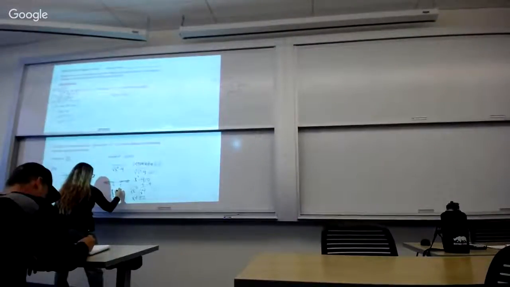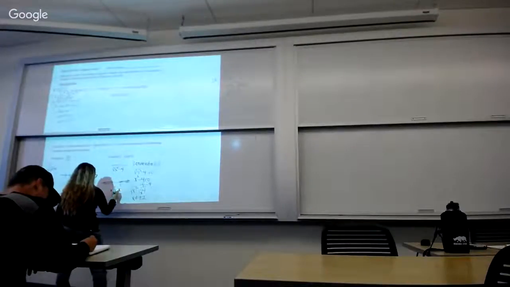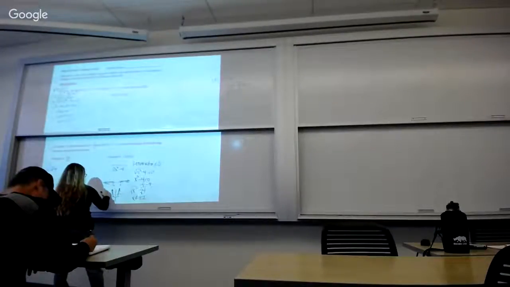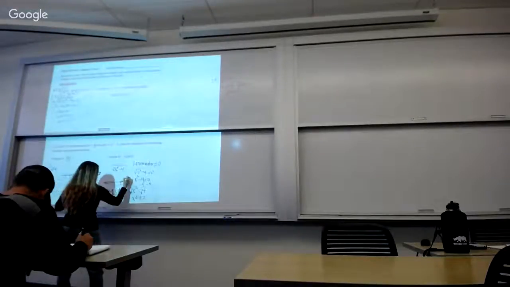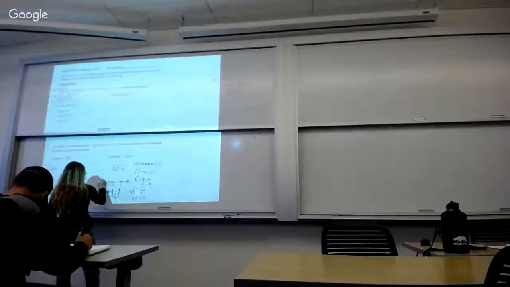So we have a variety of log properties. One of which is log A plus log B. You're going to have all these log properties memorized, or at least written down somewhere where you can see them. So it's the log product rule, and that's what we're going to do here.